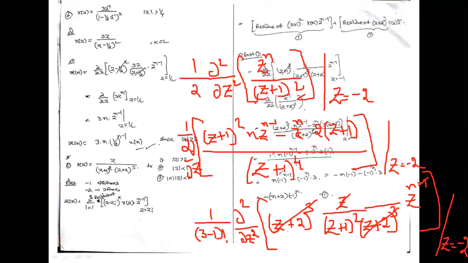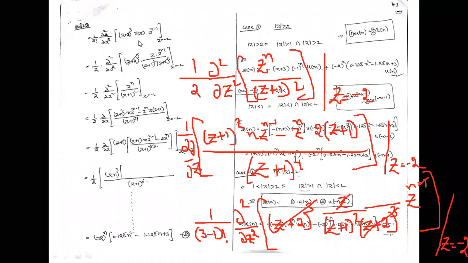For these two terms, again you can apply the u by v rule. Got it, my dear students? See what formula we get finally: z plus 1 whole square, n into z power n minus 1, whatever we got here, z power n, 2 into z plus 1 by z plus 1 whole power 4.